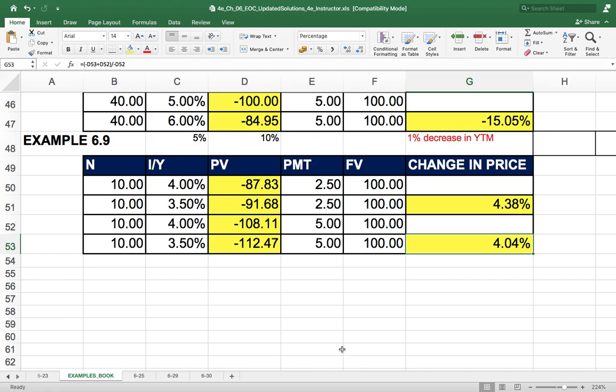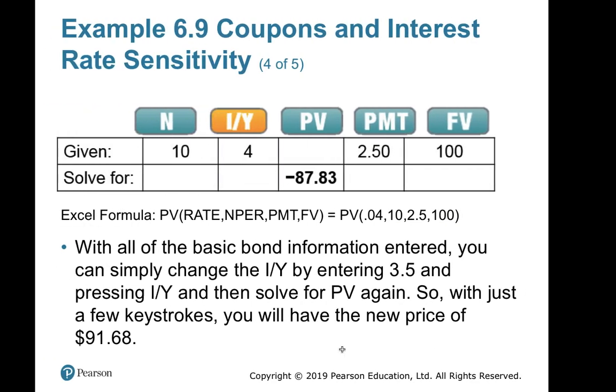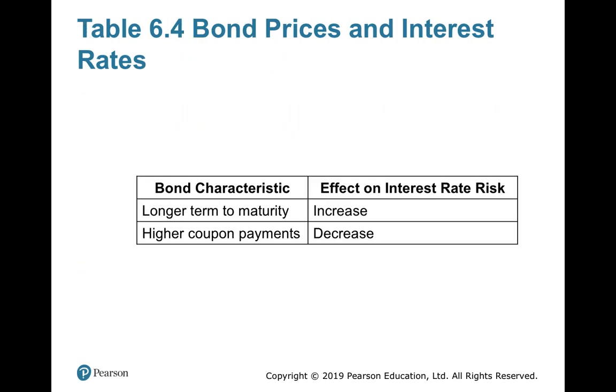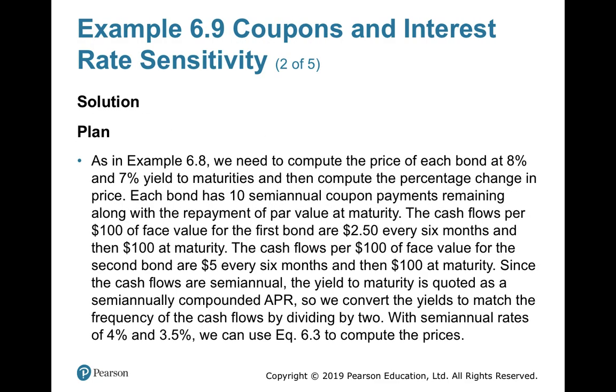Whether increase or decrease, the impact of an interest rate change will be more on low coupon bonds than on high coupon bonds. This is what we have learned in the theory: for higher coupon payment bonds, the effect of interest rate risk is lower than for low coupon payment bonds. We have checked here 10% and 5% coupons.